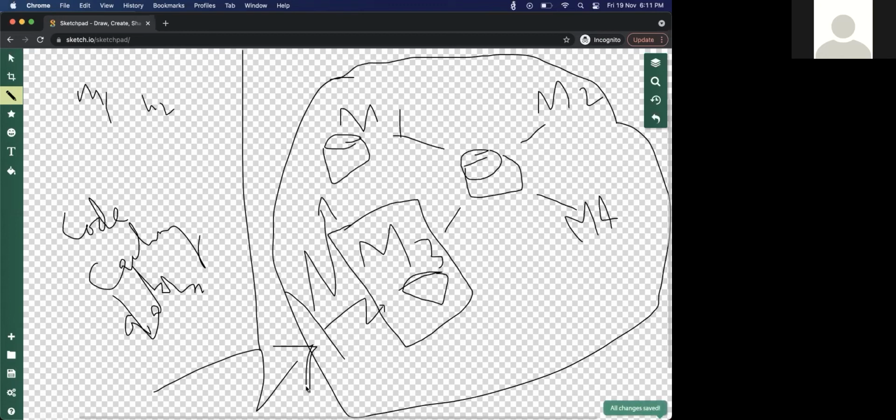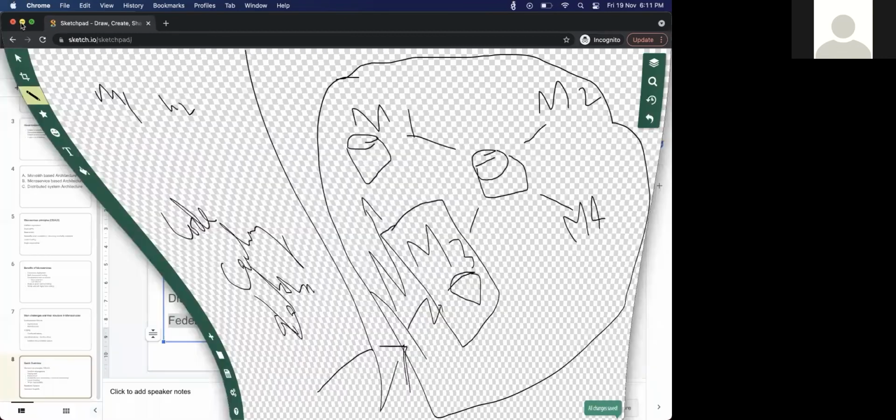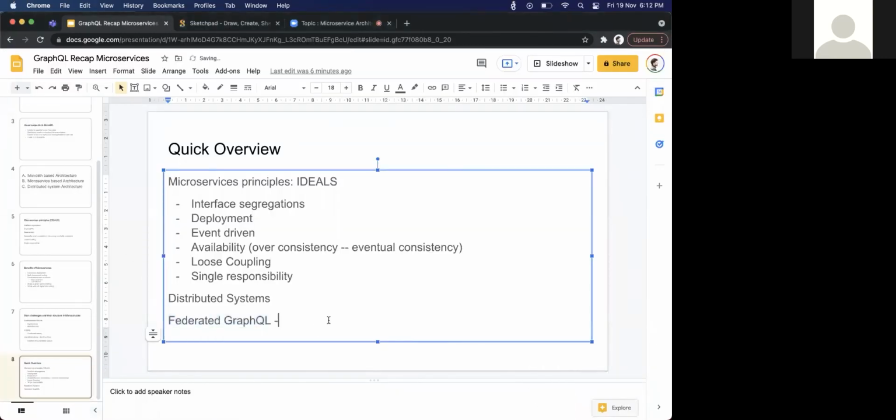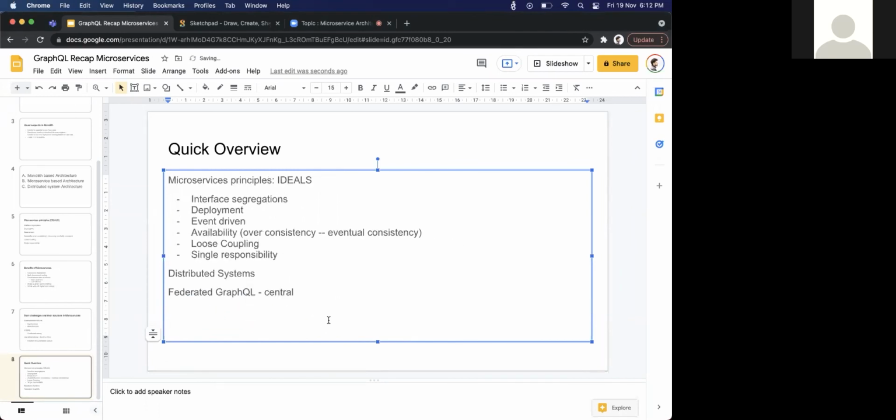Consider a federated GraphQL like a central government of GraphQL. Consider these are states: GraphQL 1, GraphQL 2, GraphQL 3, like this.